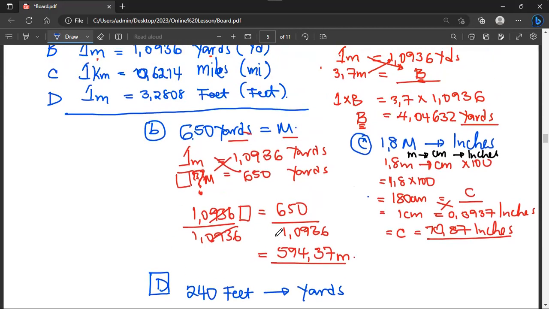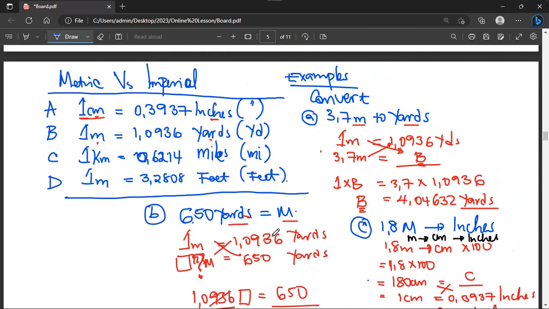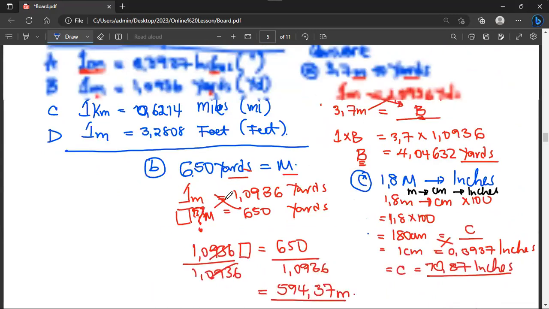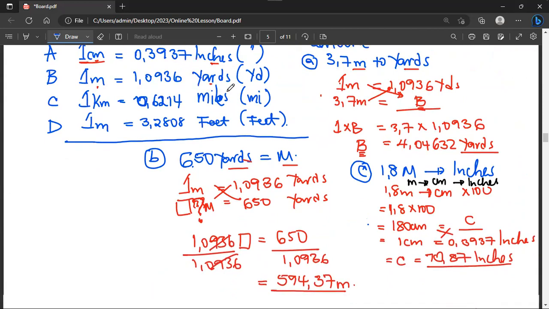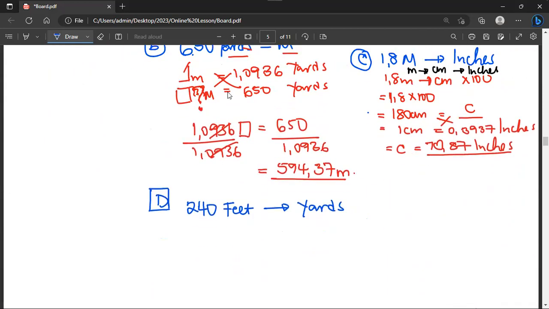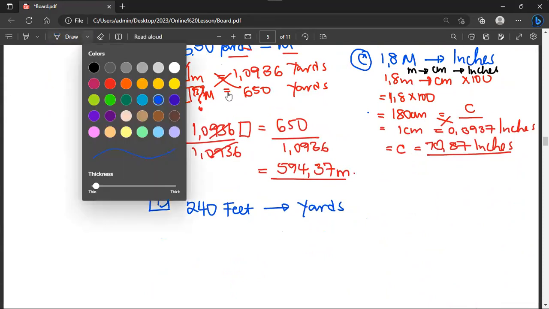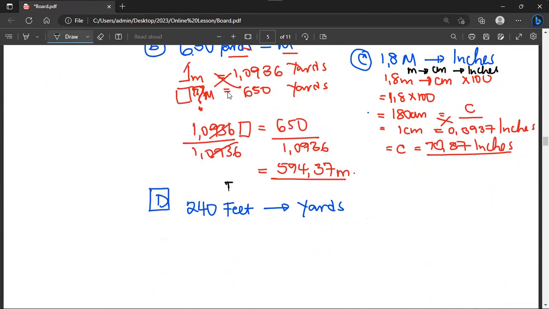But we're going to use the same table that we have. When we look at our table, we do not have any equation that will help us get feet to yards or yards to feet. So what we have is feet to meters and meters to yards. In summary, it simply means we are going to change from feet to meters, then from meters to yards.